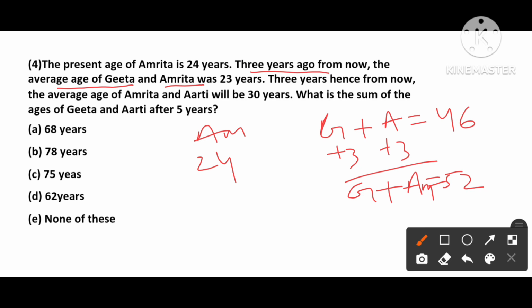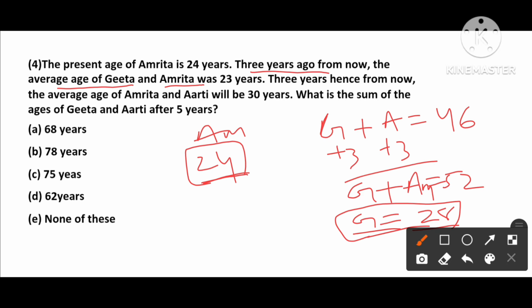So here we have Amrita's present age is 24, means Geeta's age can be found using it. Difference between these two will be 28, and 28 is our answer for Geeta's age. So we got Amrita's age and Geeta's age. 3 years hence from now, the average age of Amrita and Aarti.